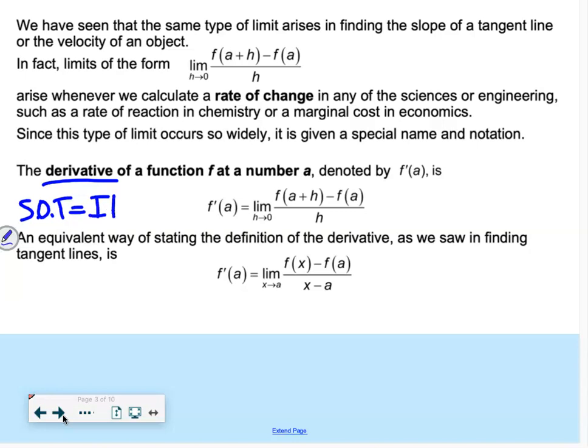It's still the instantaneous rate of change, but now we have a new notation, F with this apostrophe. I had to send you an email Friday night because this actually got introduced in your homework on Friday, so I apologize that I hadn't shown it to you. When we see F with an apostrophe, we say F prime.